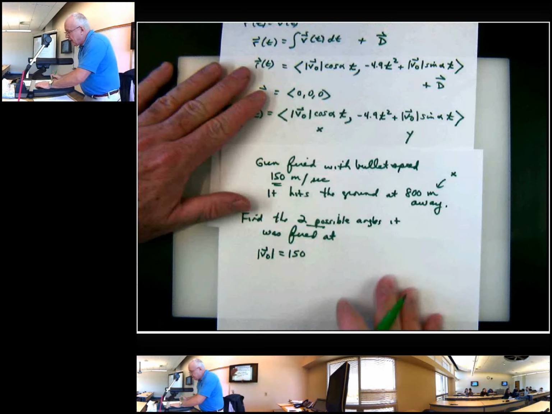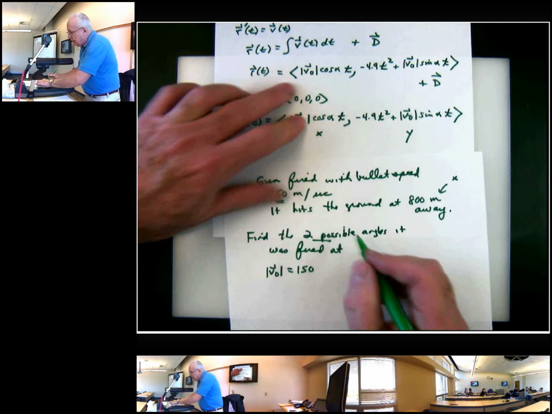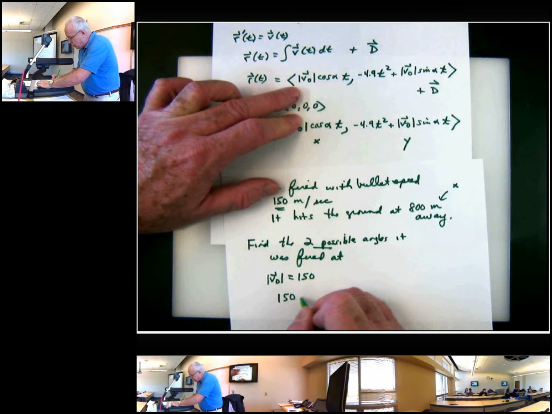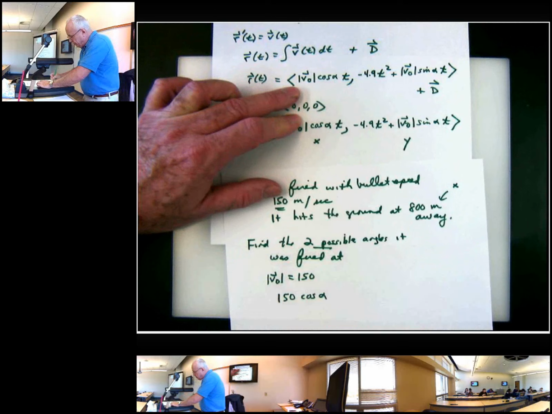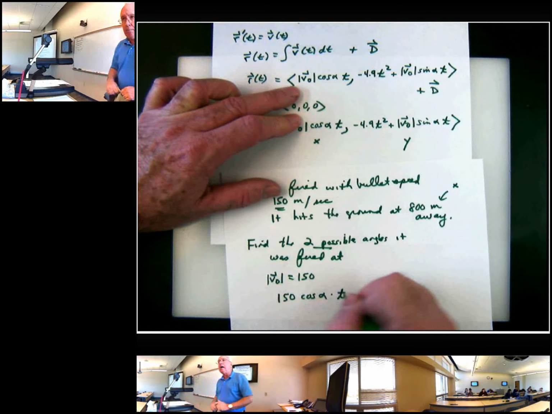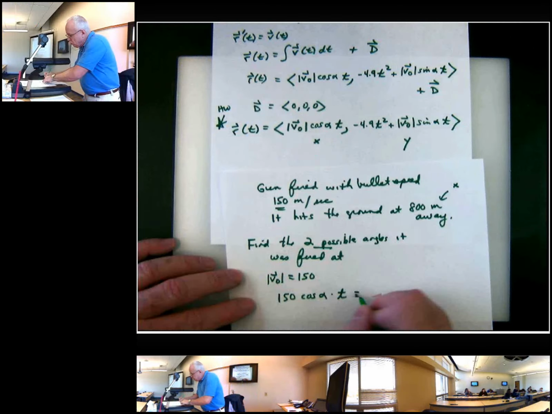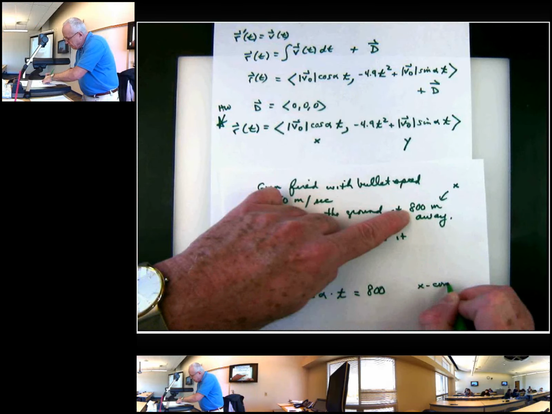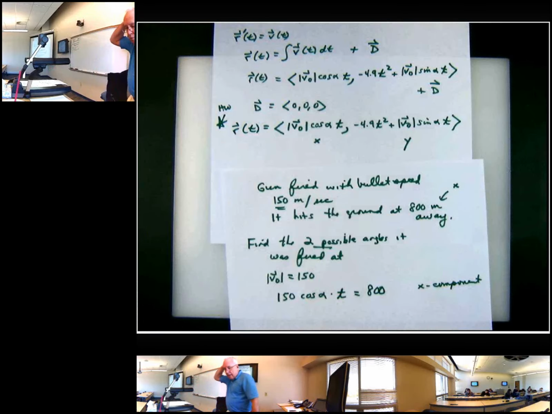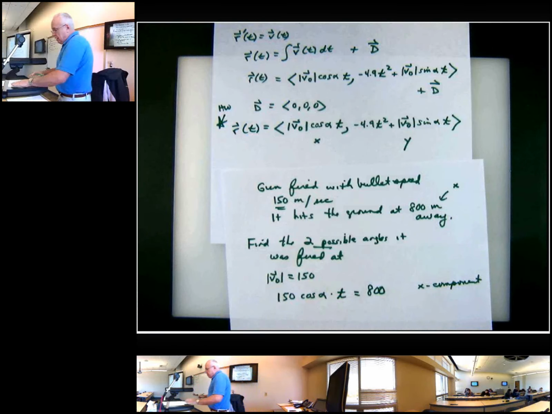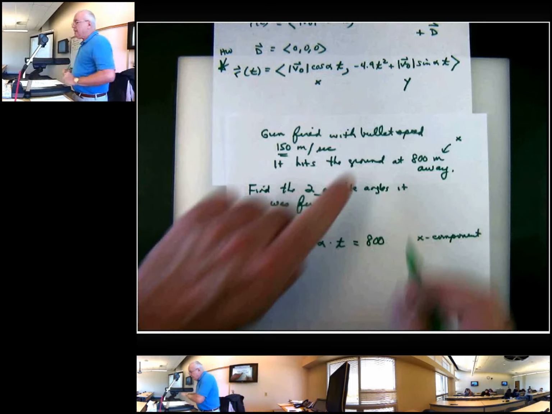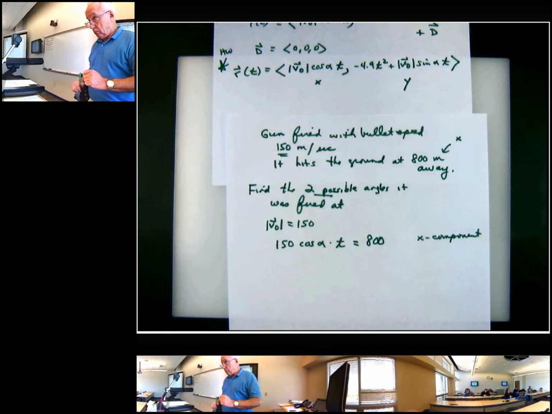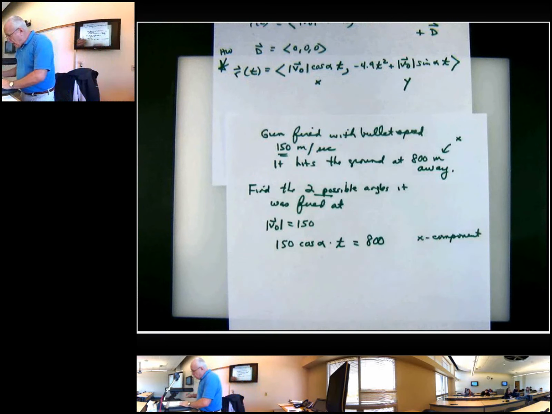Let's look at our x component. We have 150 times the cosine of this unknown angle times an unknown time period. This, as we know, is equal to 800. This is the x component. Now we can do another equation. When this thing hits the ground, what's the y component? 0, right. So the y component is 0.